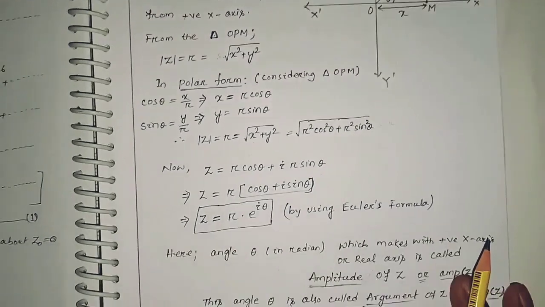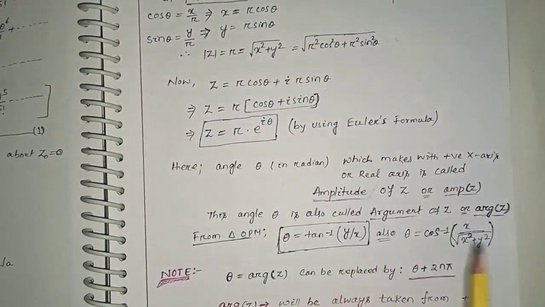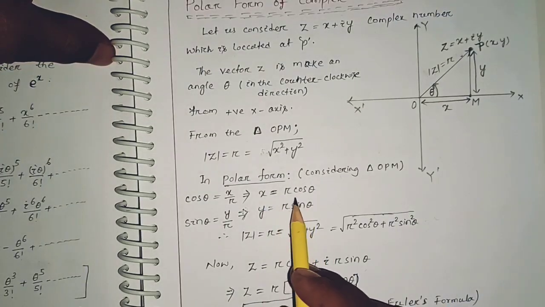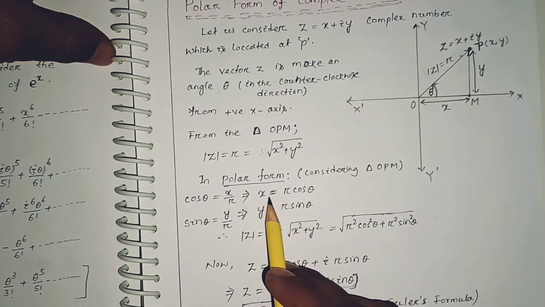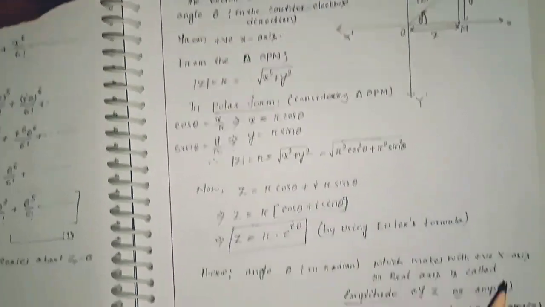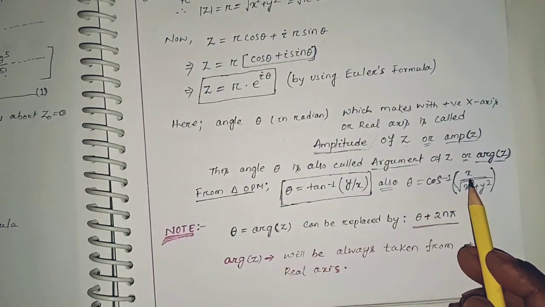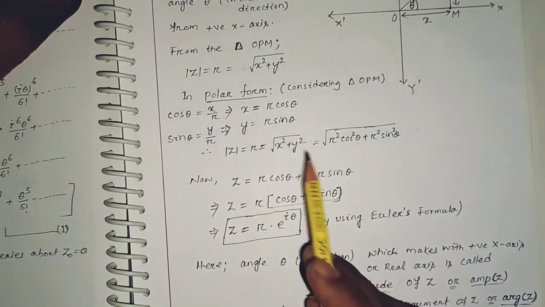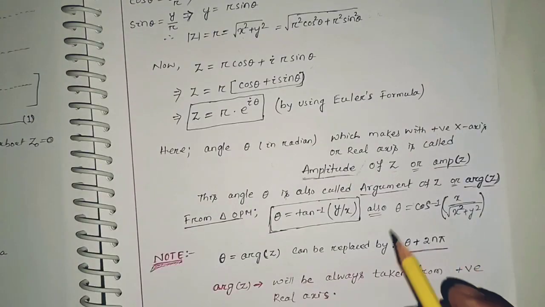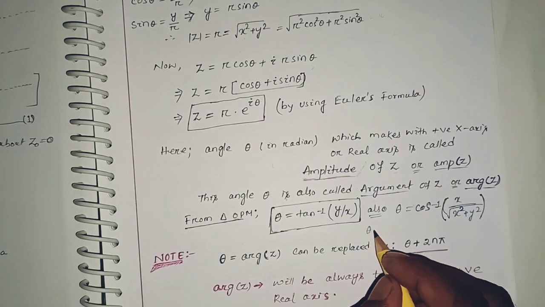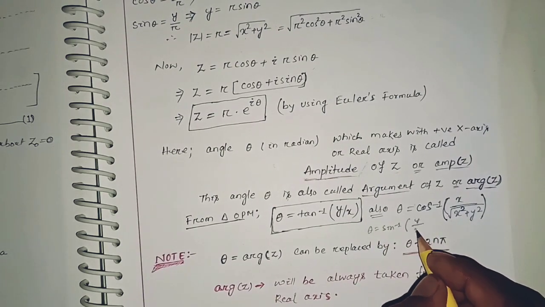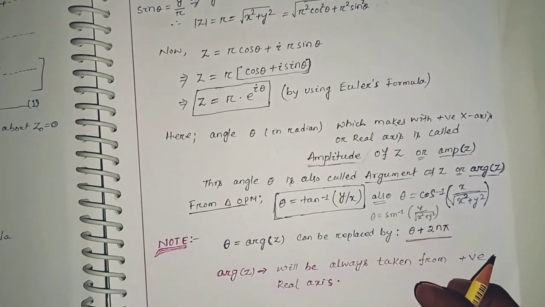Either way we can consider. From here, theta will also be cos inverse x by r or sin inverse y by r, where r is the square root of x square plus y square. Similarly, theta can be written as sin inverse of y by the square root of x square plus y square. So either way you can find the theta value.